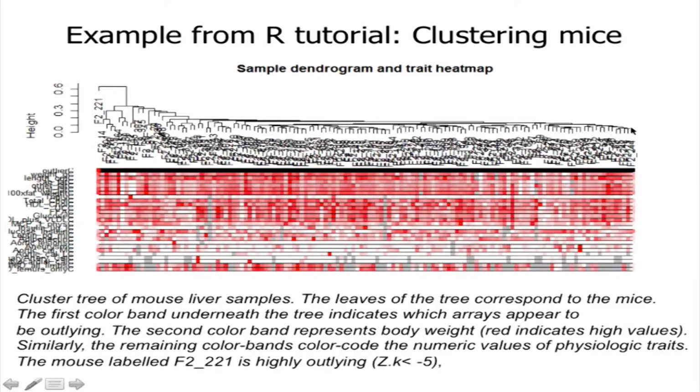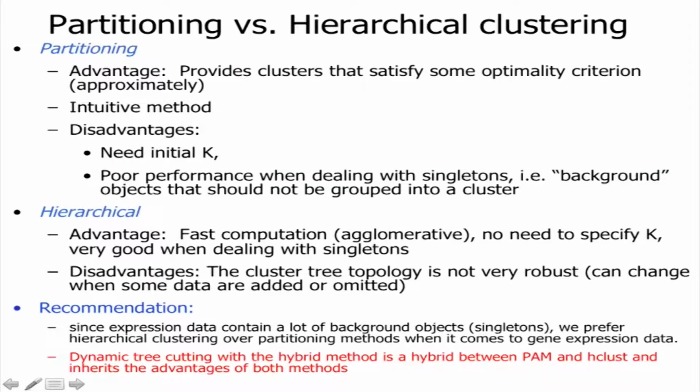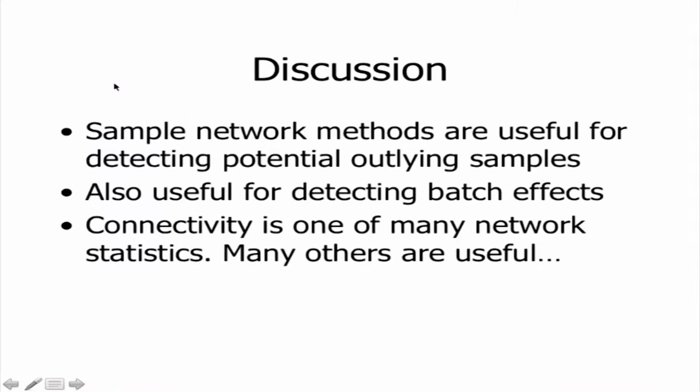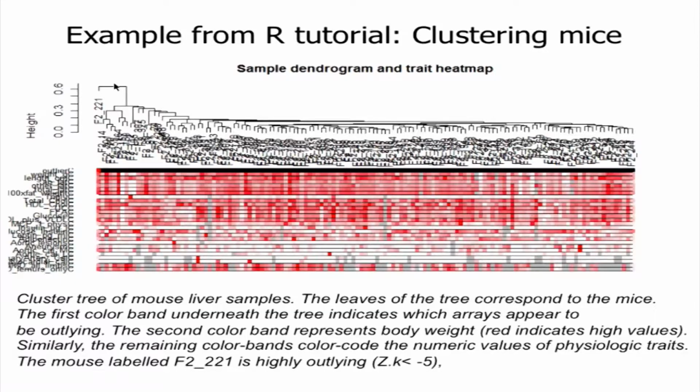So these are female mice. And we cluster the mice in this hierarchical tree. And what we observe is there's one mouse, the leftmost mouse, mouse number 221, that is very far away from the other mice. Why do I call it far away? Because notice the merging height is high, much higher than where the other samples merge.